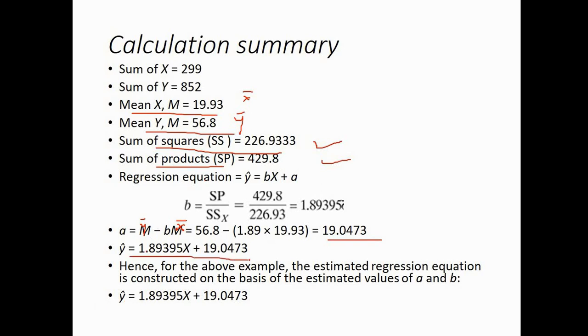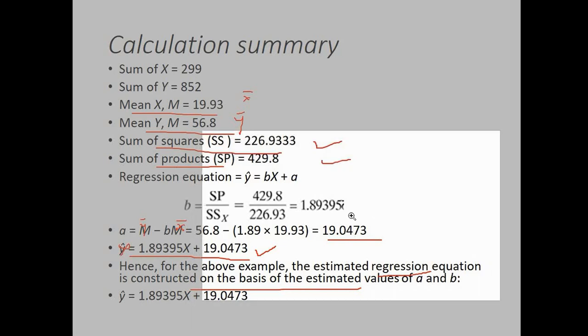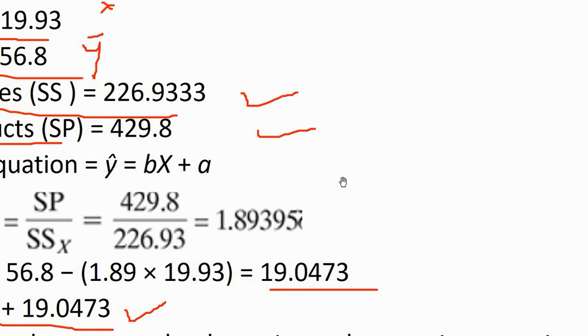Substituting these a, b values in the linear regression, we get y is equal to, that is, the value of the dependent variable is equal to 1.89 into the independent variable plus 19.04, that is the intercept. Hence for the above example, the estimated regression equation is constructed based on the values of a and b like this.